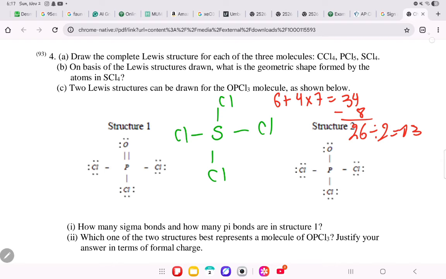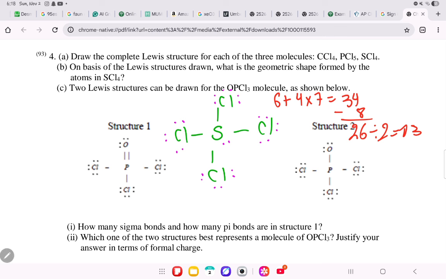So let's put the lone pairs. We have 1, 2, 3, 4, 5, 6, 7, 8, 9, 10, 11, 12, and 13. We will put it on the central atom. Why? It's okay for it to have an extended valence shell because it's after period 2. As long as it's after period 2, it's okay for it to have an extended valence shell. So that's why we put it on the central atom.